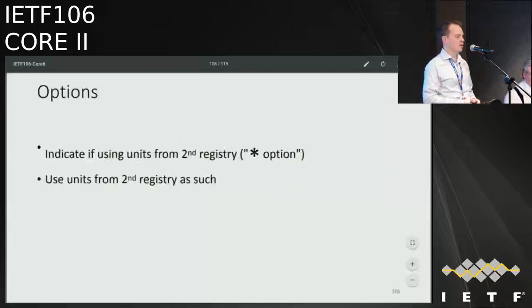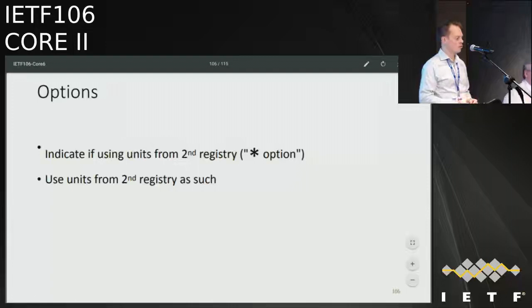Either we indicate the fact that we're using them, that was referred to as U2 and asterisk options in the previous session, or we use units from the second registry as such. And maybe one thing good to note here is I also sent an email on the mailing list about an hour ago to give everyone a bit of background on this who didn't follow the previous discussion.